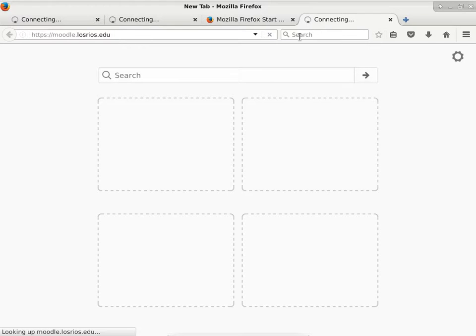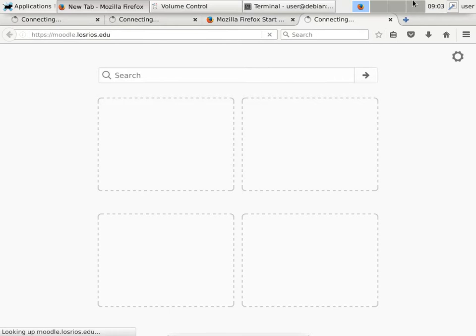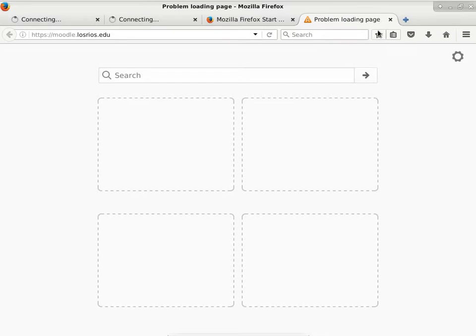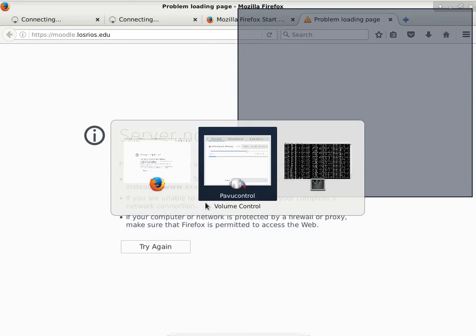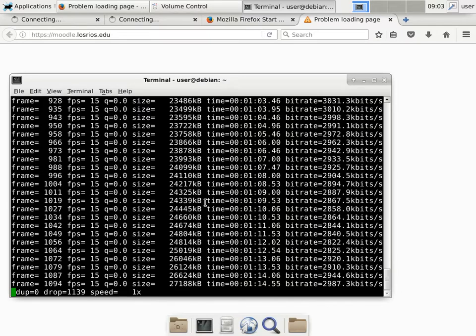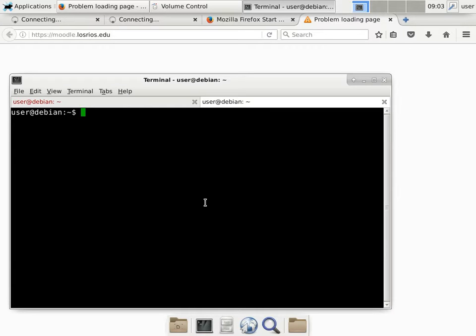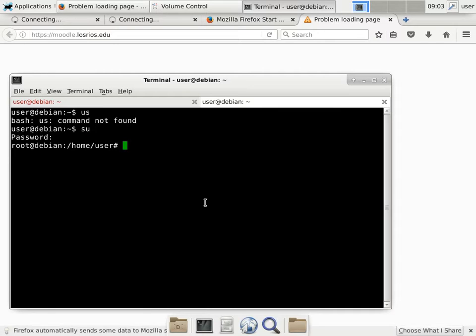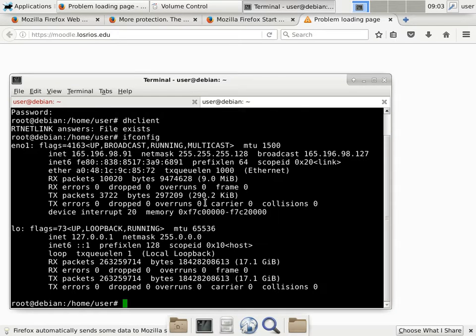Since we're waiting for Moodle to come in, and network connection is actually good. So, uh-oh. That is not good. Alright, so we have an issue here. Well, we have an IP address.